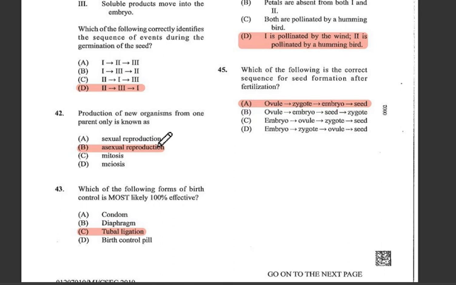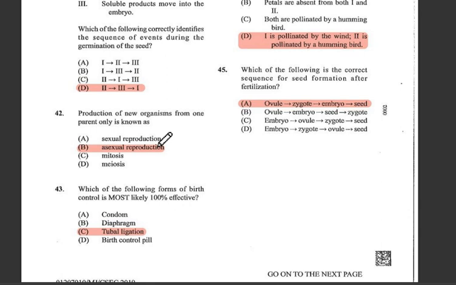Neither is the diaphragm. Alright, so here we have tubal, no, that's tubal, sorry. So tubal ligation.